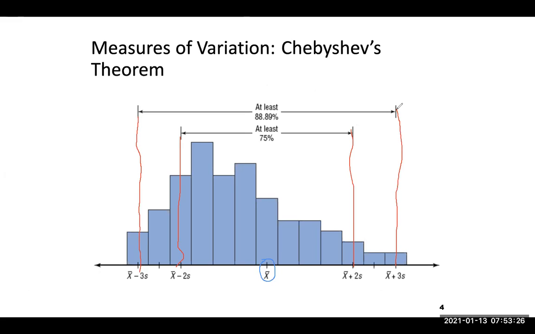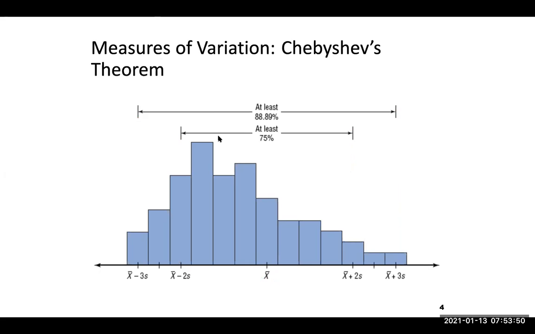So Chebyshev's theorem tells us that 75% of all the data in the set will be within 2 standard deviations of the mean. 88.89% of all the data will be within 3 standard deviations of the mean. So that's what Chebyshev's theorem tells us.